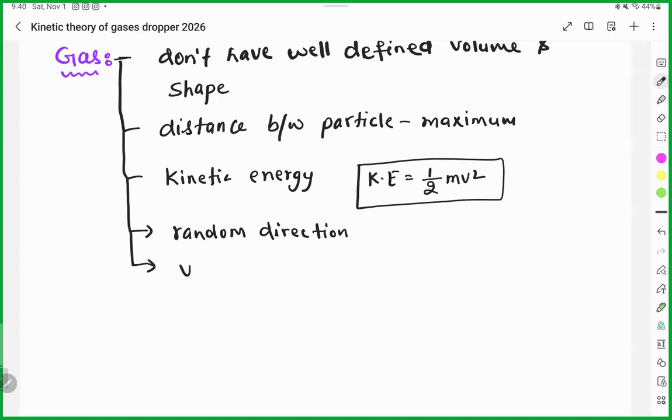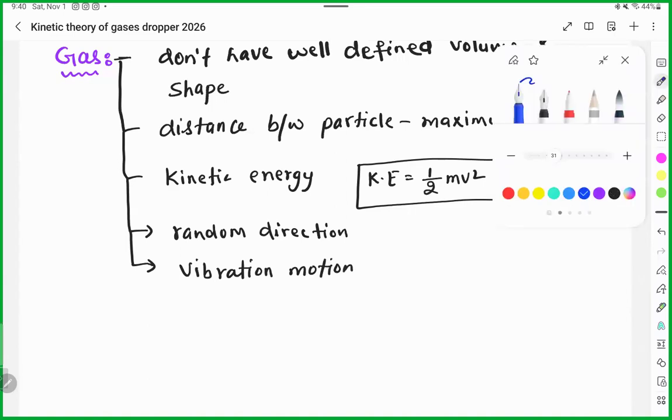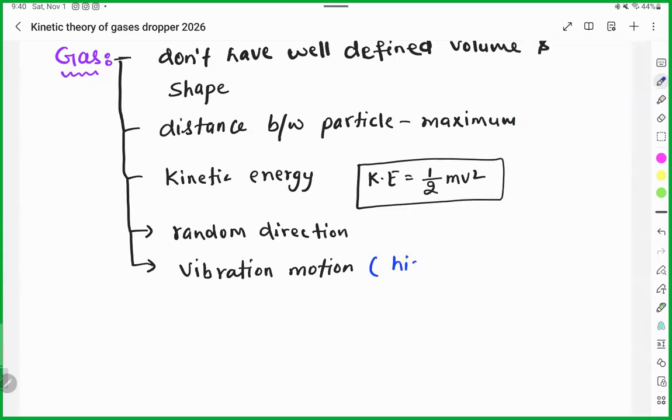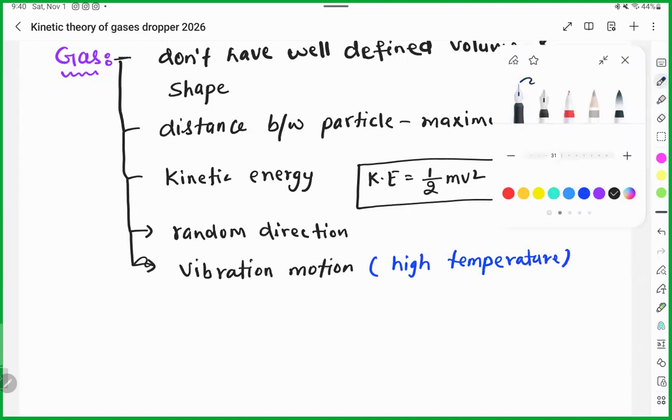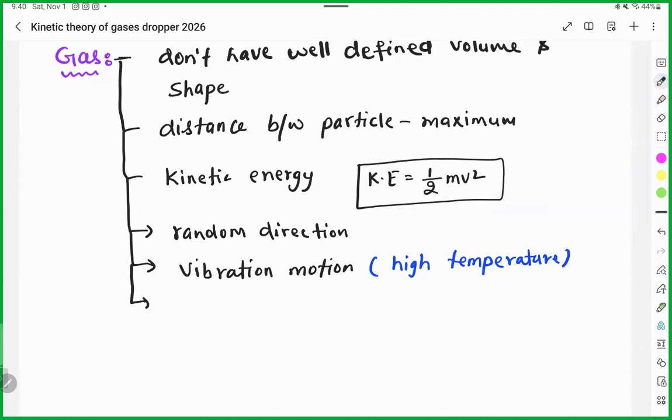When does vibrational motion happen? For molecules that collide. Vibrational motion occurs at very high temperature; molecules vibrate at high temperature, so vibrational motion is possible in this chapter. And other than that, you can always expect translation motion.